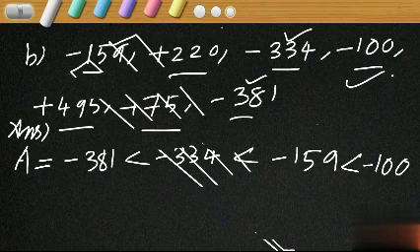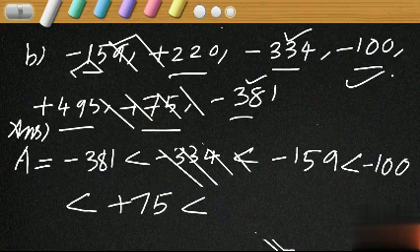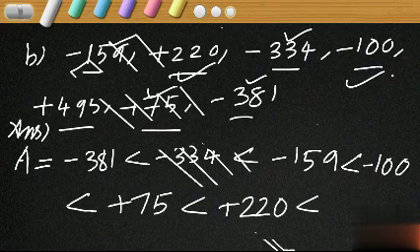Among these, 75 is the smallest, then comes plus 220. Then finally we have plus 495.